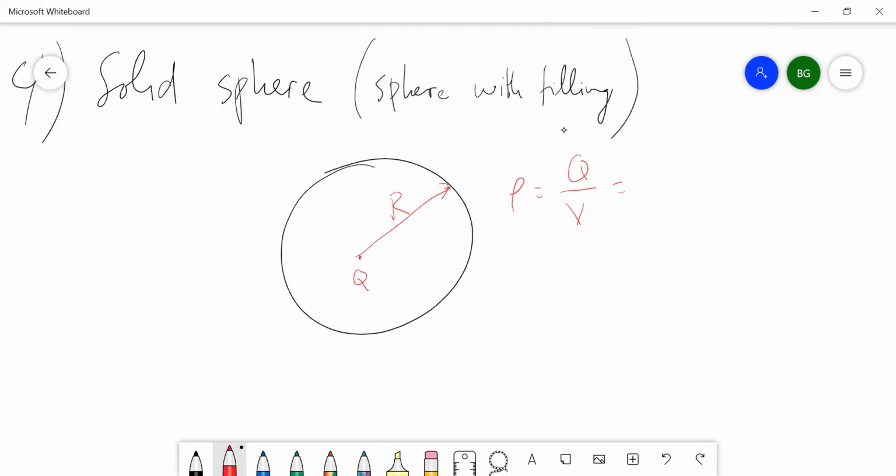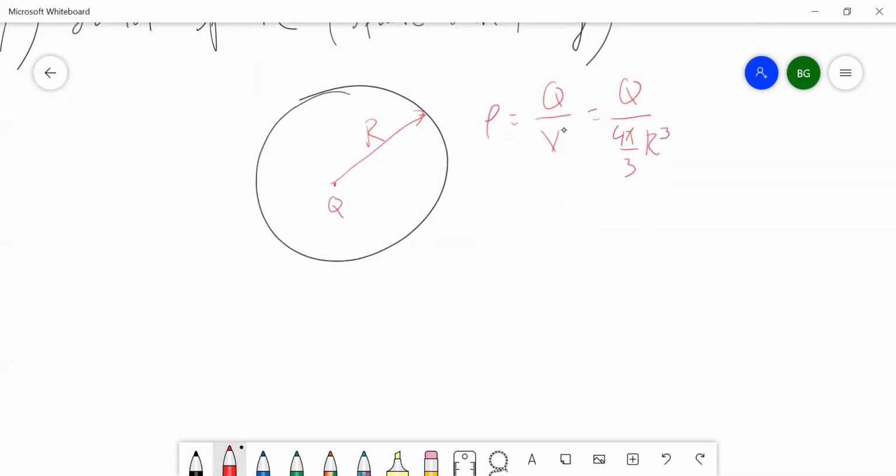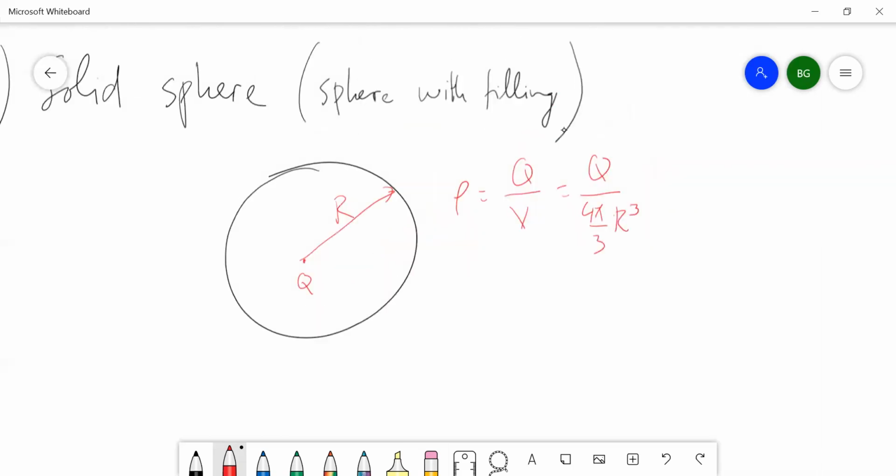The volume is 4 pi over 3 capital R cubed. Similar to the thin sphere, we have two regions.